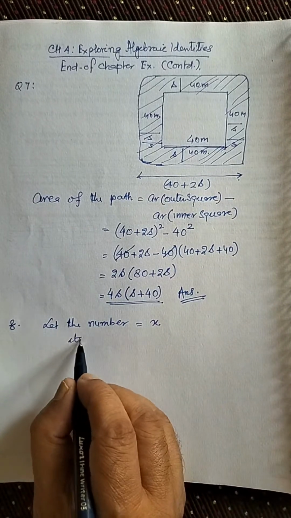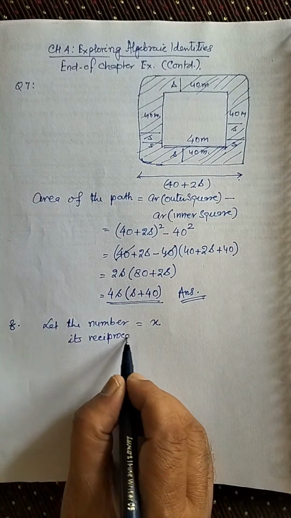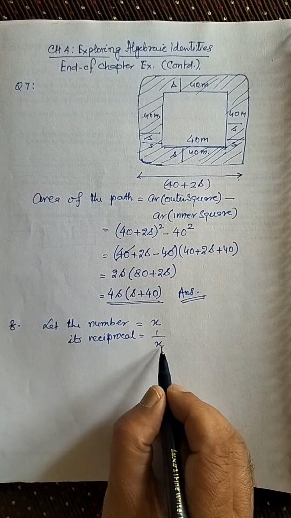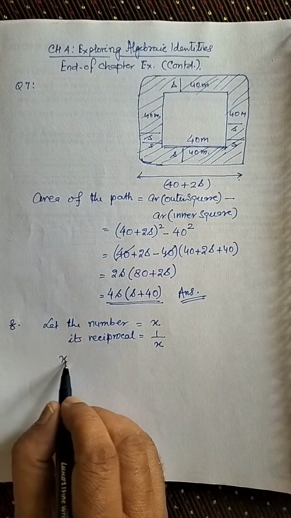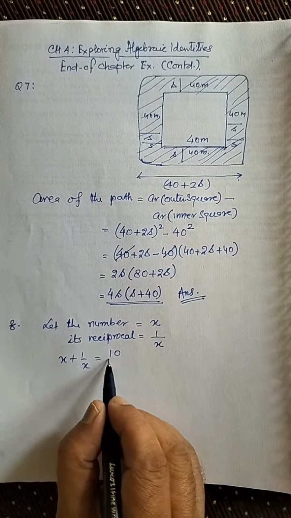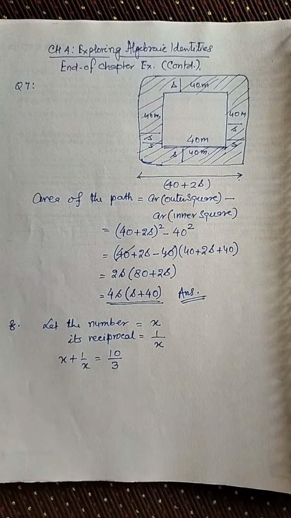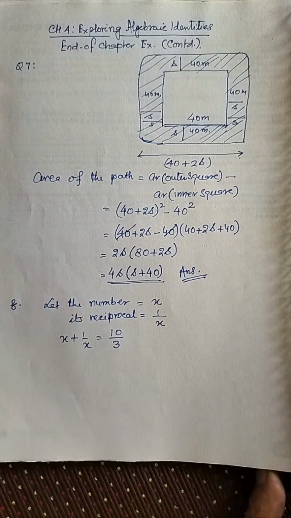Its reciprocal is 1 over the number, 1 over x. Now according to the question, the number plus the reciprocal, that is x plus 1 over x, is 10 by 3. You can now solve it for x, finding the value of x.